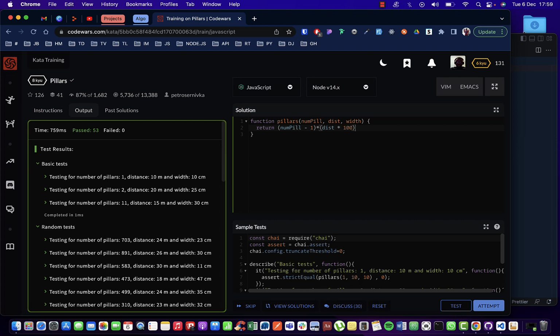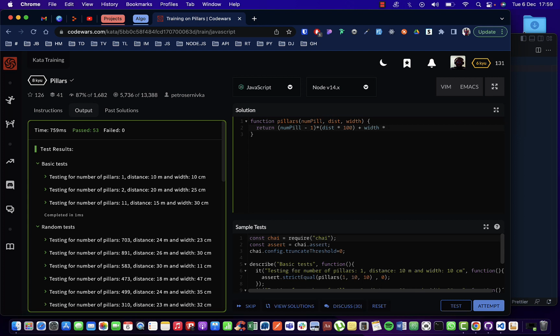With this, we've considered the distance between the pillars. Now to refactor, we are going to add this to get the exact number of pillars that are not part of the first and the last pillar, so we can just get their width. To do that, we're going to say width that way, like we did before, times 1 pillar.